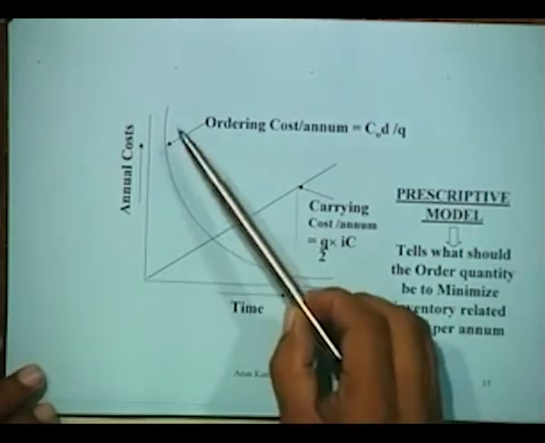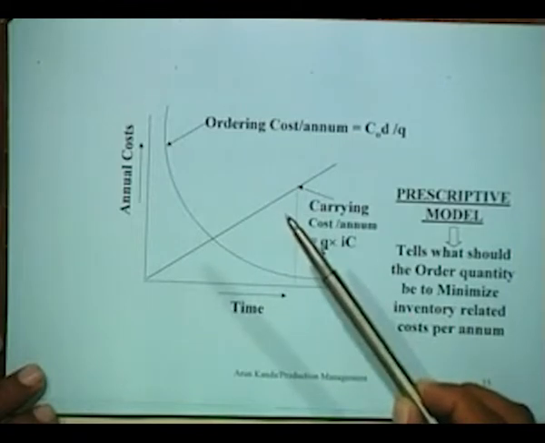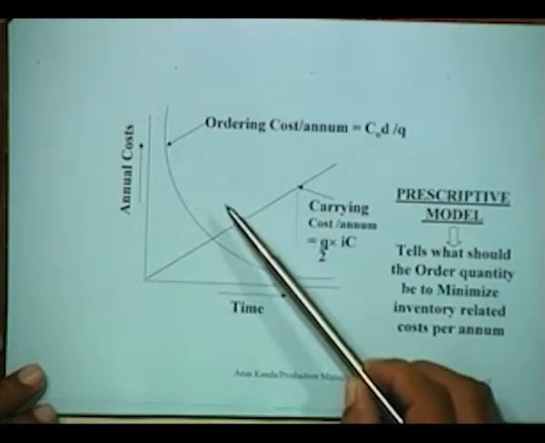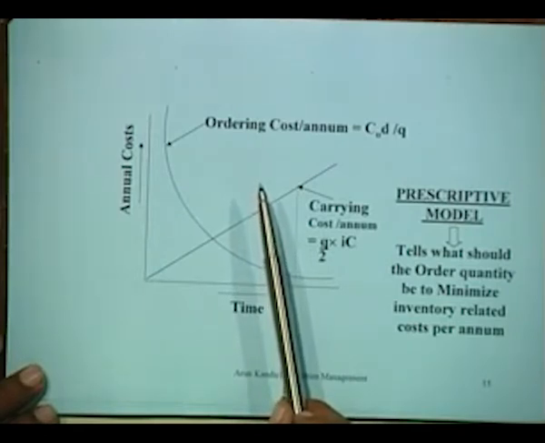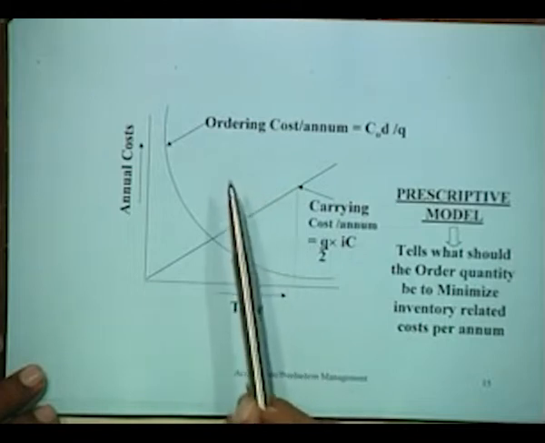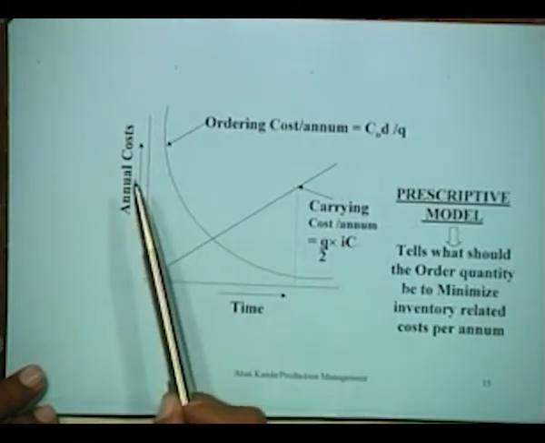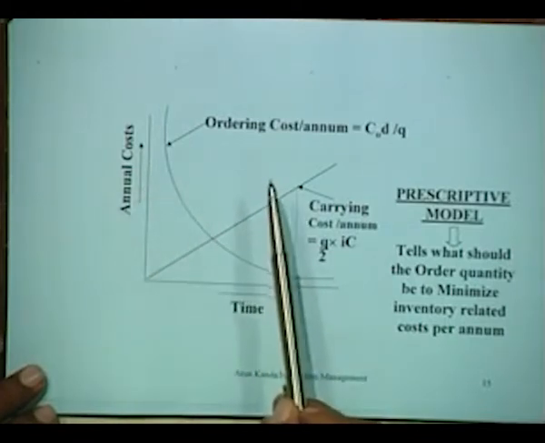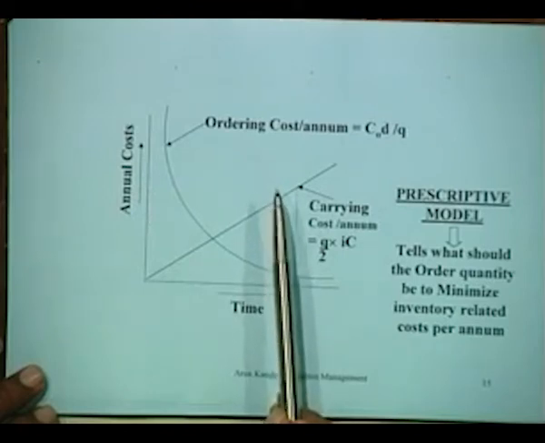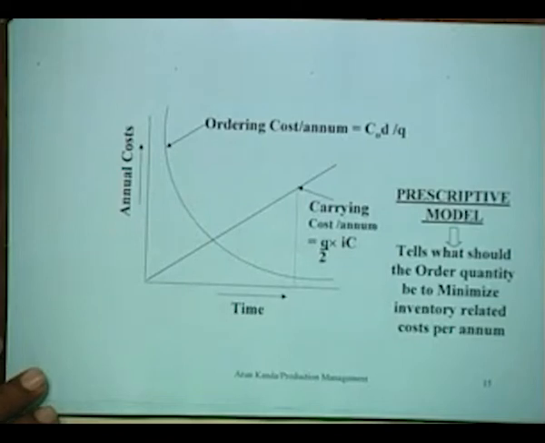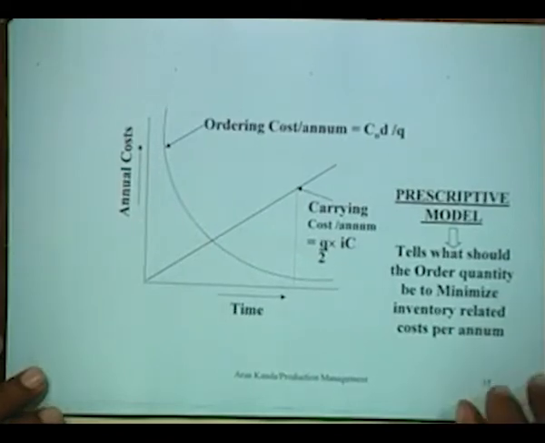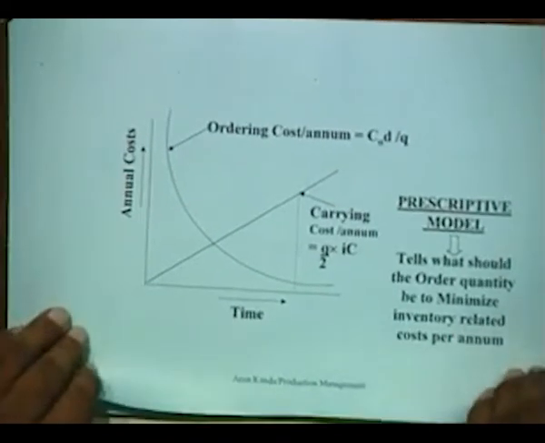For instance, you might not be able to operate at the EOQ, but you can immediately find out that if you deviate from the EOQ, what is going to be the cost penalty that you are likely to pay? Is it better to shift in this direction or in this direction? And if I operate at a non-optimal value, how much cost am I incurring on these things? These are all important questions, managerial issues, which can be answered even through a very simplified model like the inventory cost.